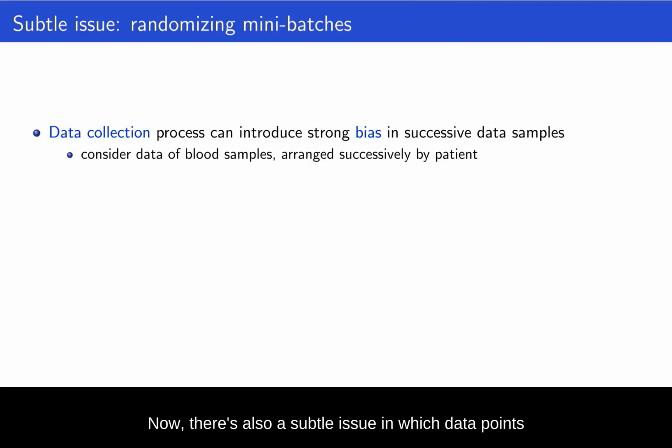Now, there's also a subtle issue in which data points you actually put into your mini-batch. Not how many, but which data points. Take as an example a case where you have some blood samples that you classify, and these blood samples are arranged successively by patient. So your first data points come from patient 1, the second set from patient 2, the third from patient 3, and so on.